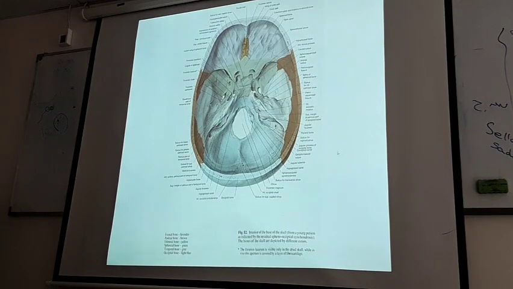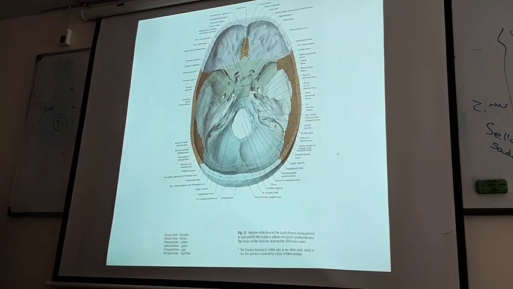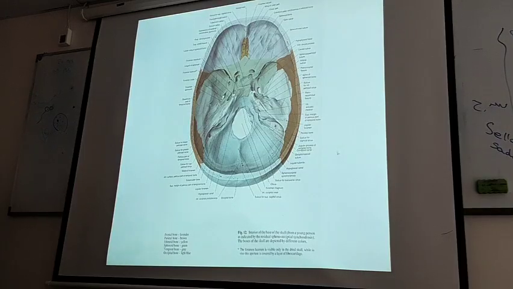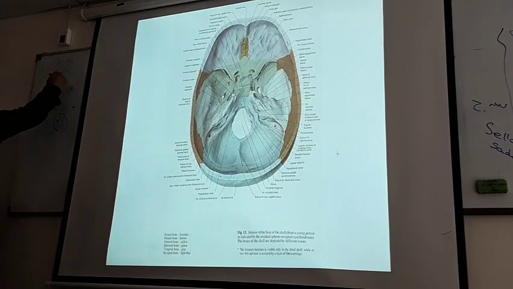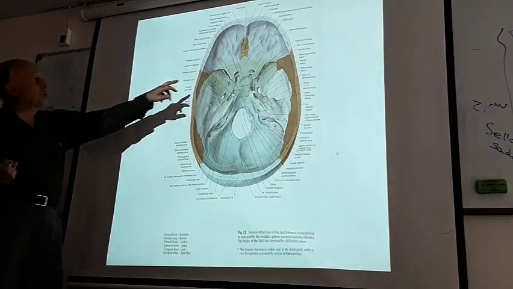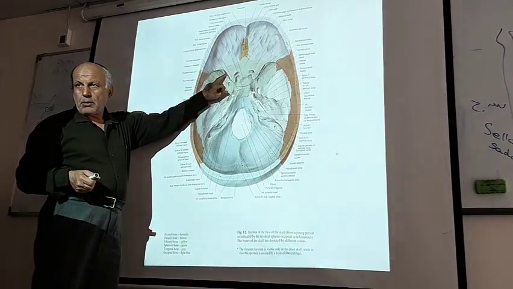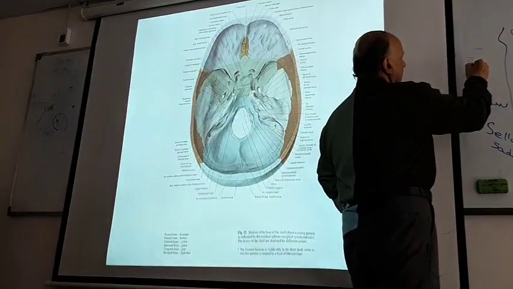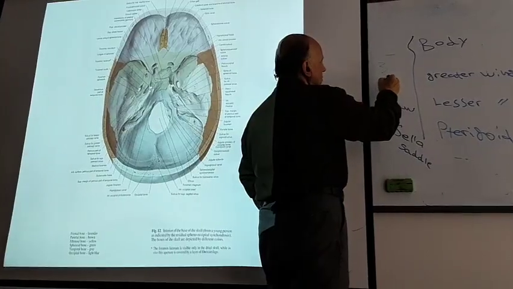From the brain in the cranium, we have 12 pairs of nerves. Do you know? 12 pairs of nerves. From this fissure pass the pair 3, pair 4, and pair 6.